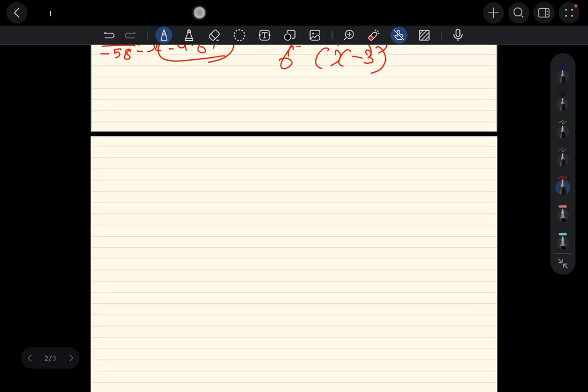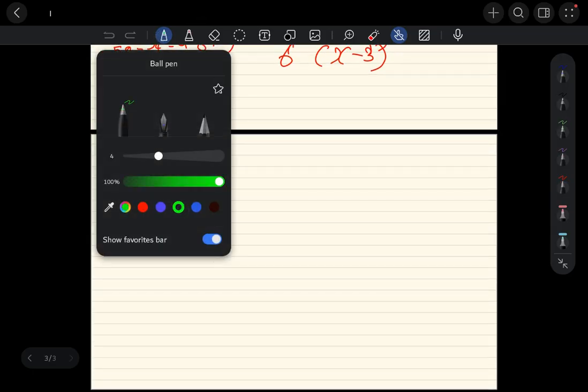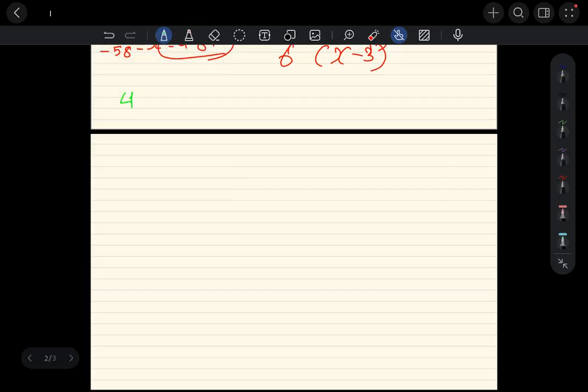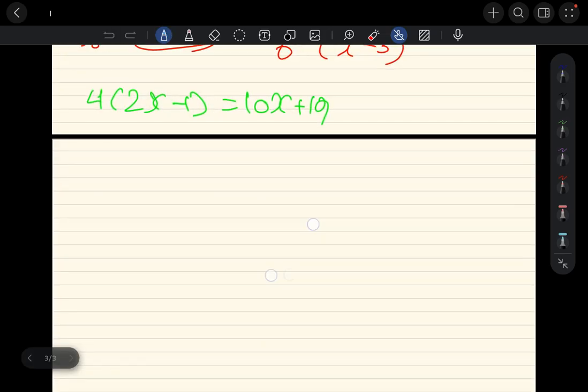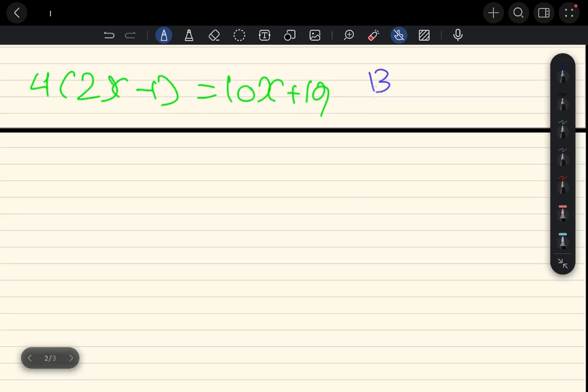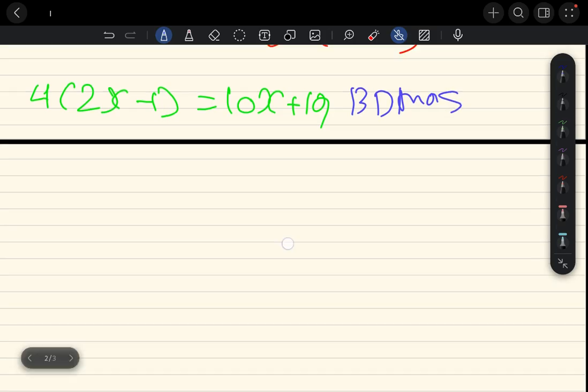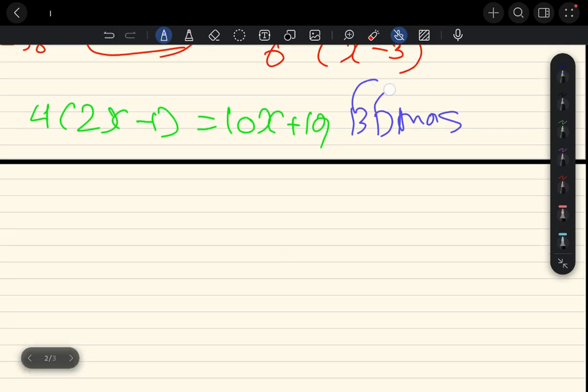Let's get another one. It's a new idea, I know. So 4 with (2x minus 1) equals 10x plus 19. Simple and easy. I have a rule in math called BIDMAS, which means we should start with brackets, division, multiplication, addition, subtraction.